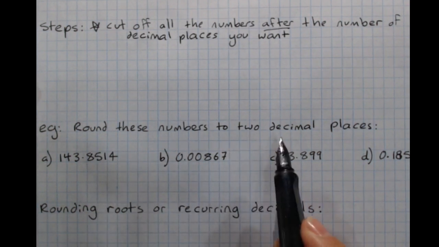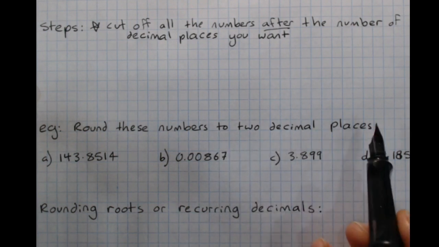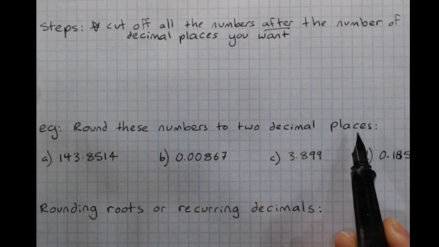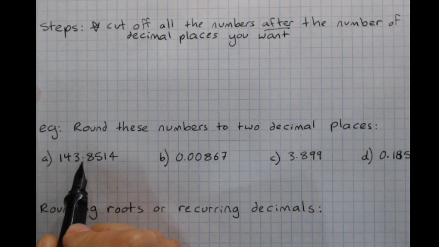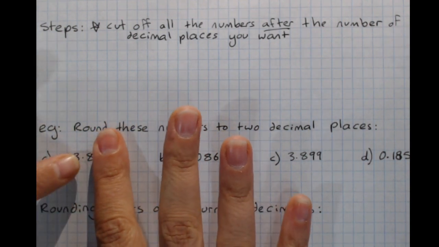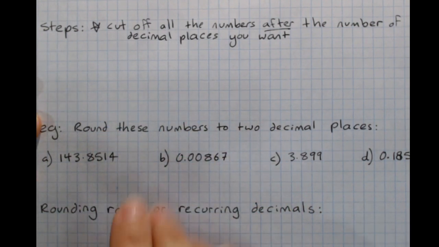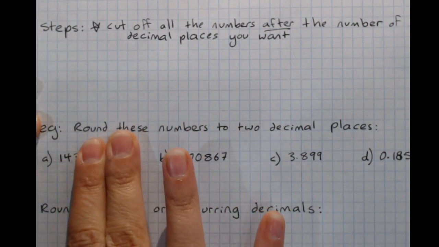Round these numbers to 2 decimal places. 2 decimal places means 2 digits, 2 numbers after the decimal point. 1 decimal place means 1 number after the decimal point. The nearest whole number means no numbers after the decimal point, and so on.